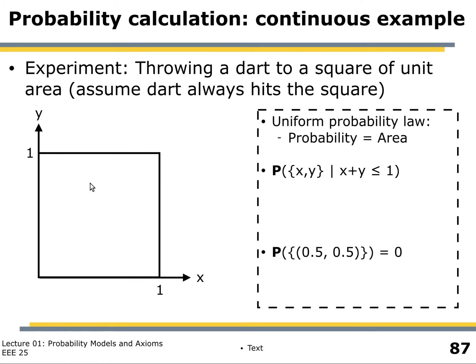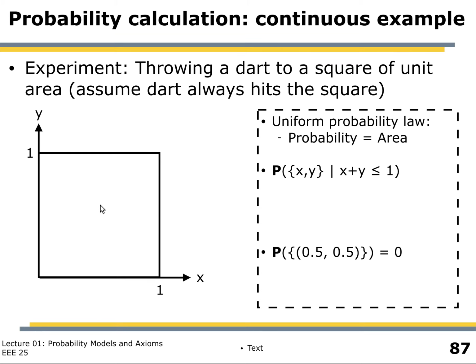If we assume that the dart would always hit the square, so it's impossible that the dart would hit this one or this one, just maybe on the sides of the square or inside the square, based on that assumption, we need to answer these two questions. This is your sample space right here: all ordered pairs, points inside and on the sides of this square.